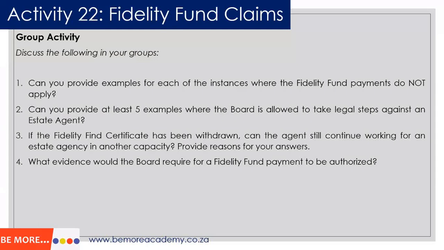If it's a property that you really work hard on, that you've got a sole mandate on, and you paid a lot of advertising cost, then we try not to come down on the commission. Because you must remember, sometimes people say that estate agents make a lot of money.